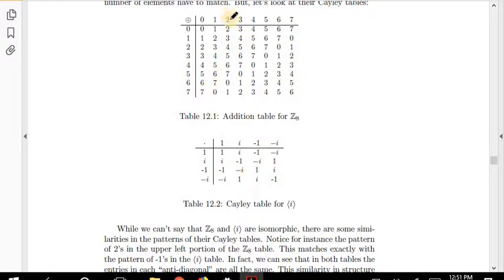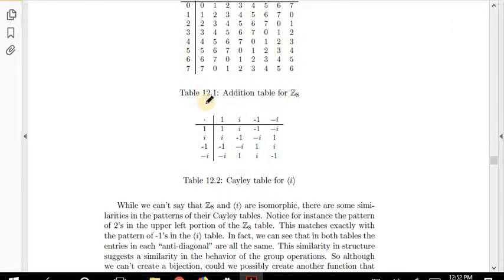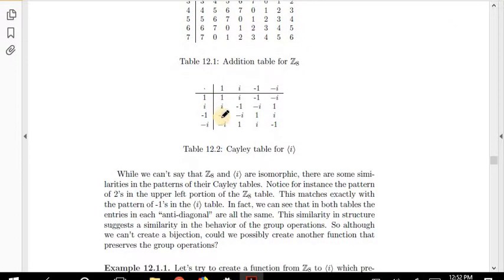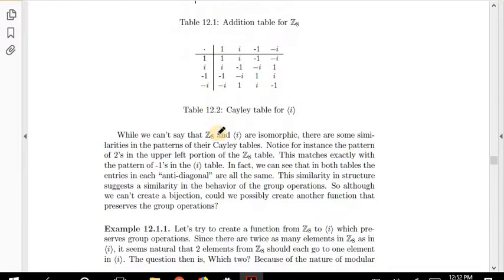So if I just look at this first part here, it does look kind of similar to this one here, except here I'm going out to 6. If I tried to make this Cayley table here, it would not be closed because 3 plus 3 is 6. So there's some similarities, but there's some differences. Now, can we exploit this similarity to make a relation between these two groups?